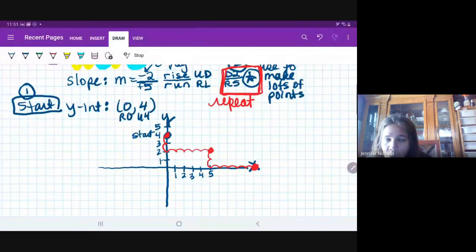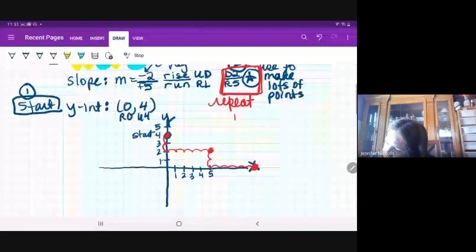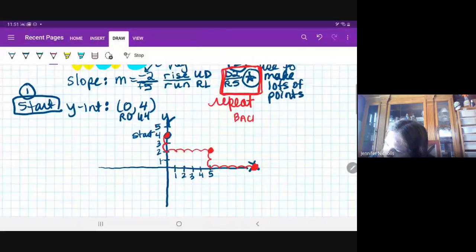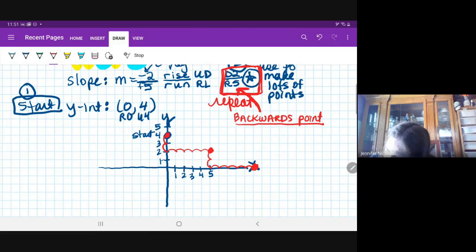Now I want to show you about a backwards point. Right up here, you can write it in red, backwards point. What a backwards point is: you take this right here, but you go backwards.